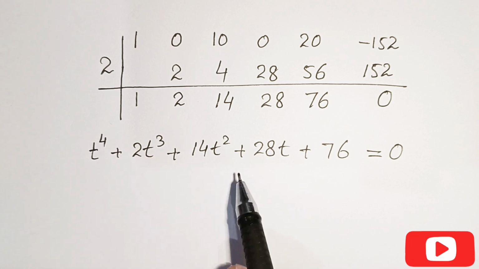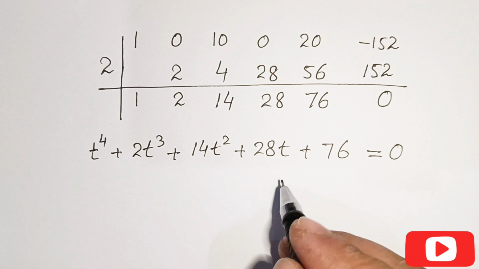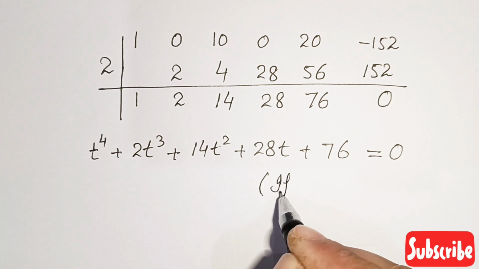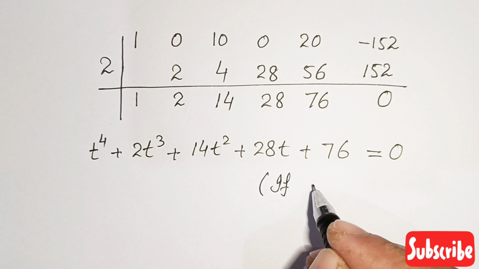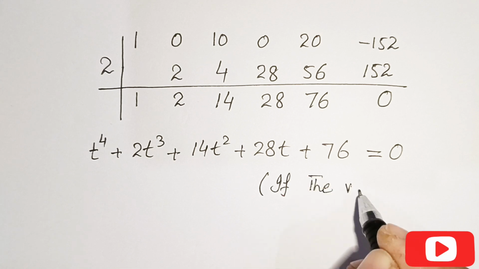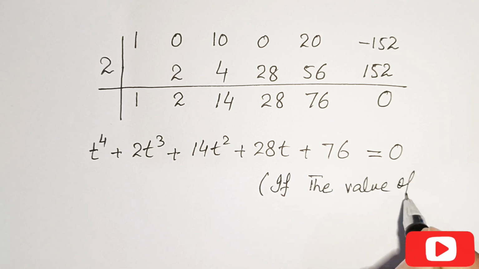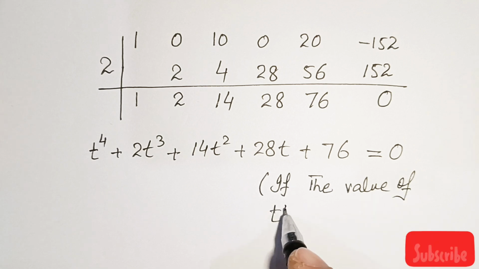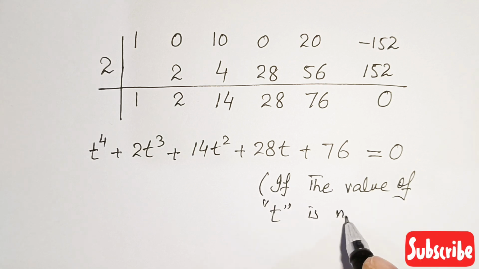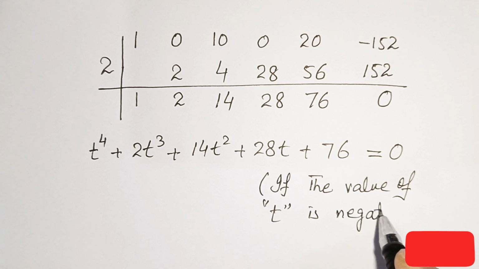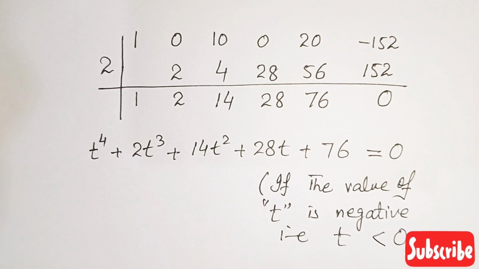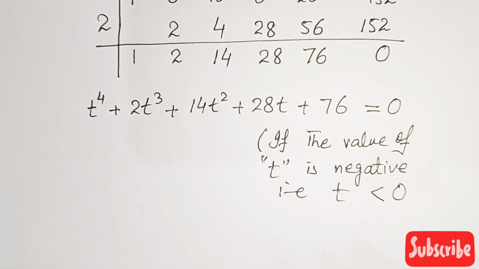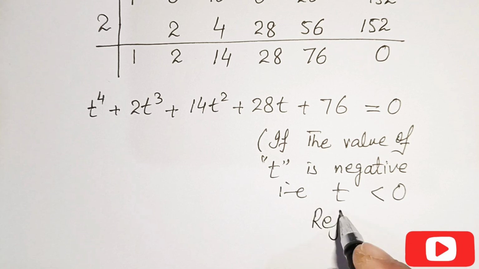Now if the value of t is negative, then t is actually less than 0. So if t is less than 0, then we have to reject this one, so it is rejected.